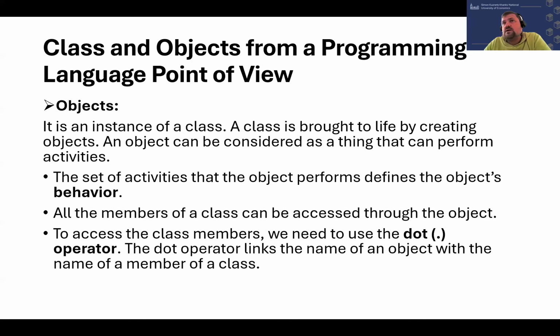The set of activities that the object performs is defined in the object's behavior. All members of our class can be accessed through the object. To get access, we use a special operator, the dot. Now, that's all. How can it look?